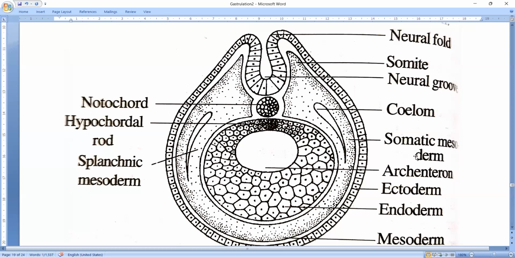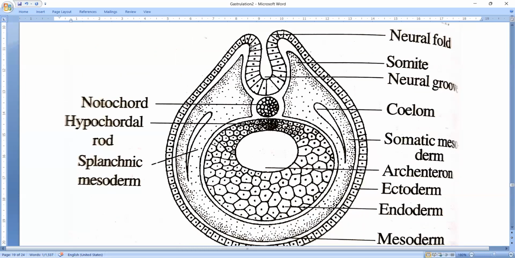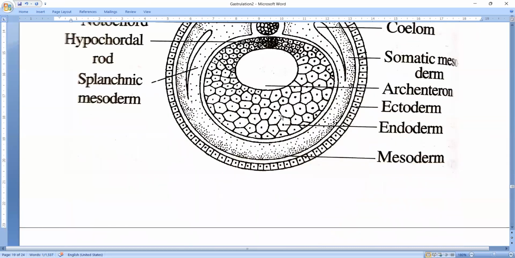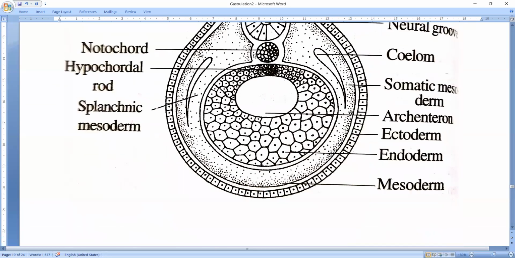So this is the structure of the neurula. Here you can observe this is also part of the epidermal ectoderm. These two layers are fused to form the neural plate or the future neural tube. So that is what we call the neurula. This is the notochord.